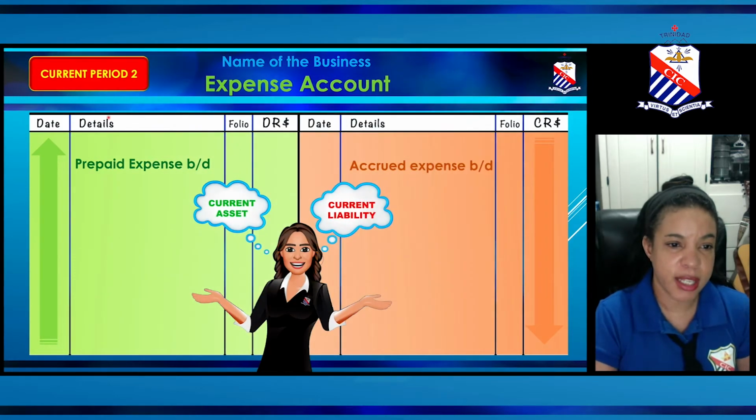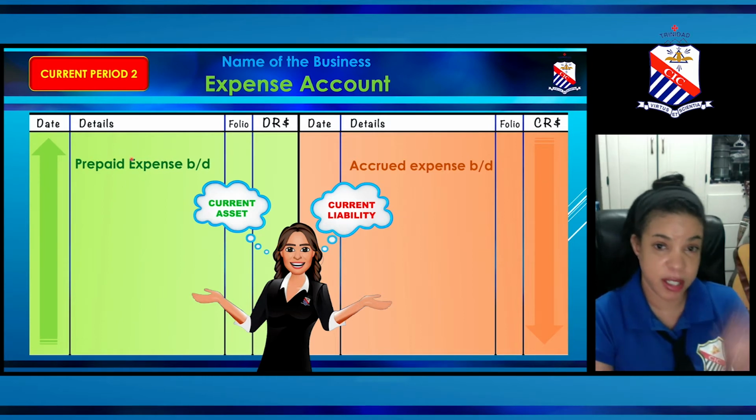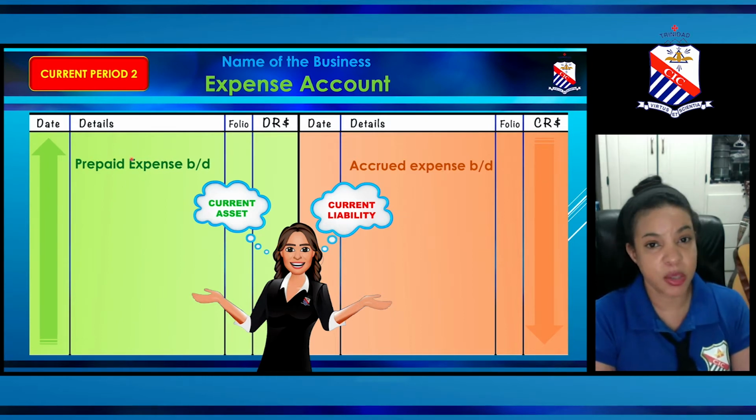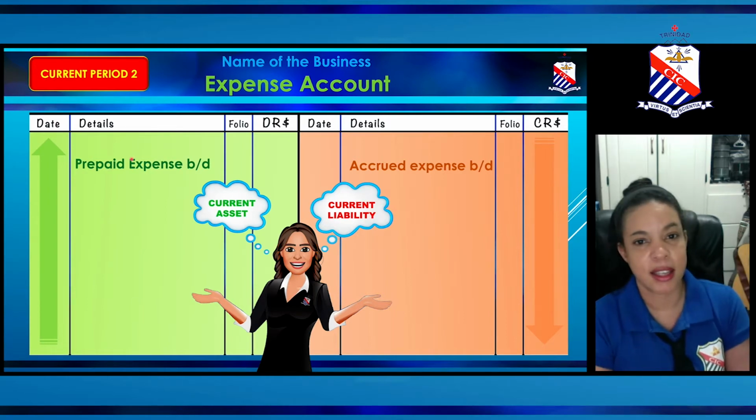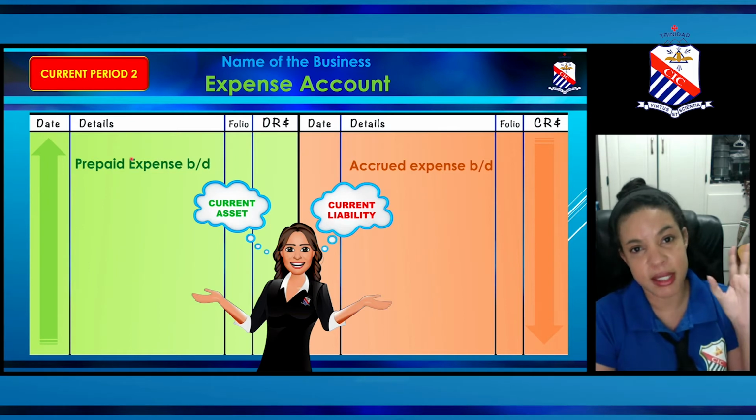So this is showing that you have an asset at the beginning of the period because the period that it was paid for previously, it is not incurred there, so it doesn't belong there. It belongs in this period as an asset. At the beginning of the period, it is our asset.